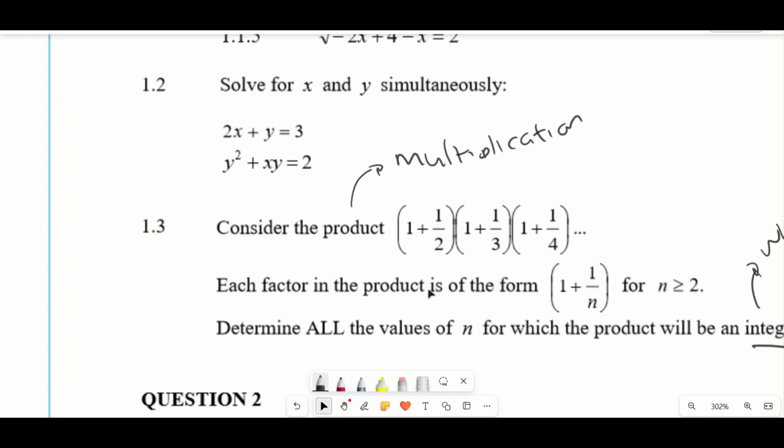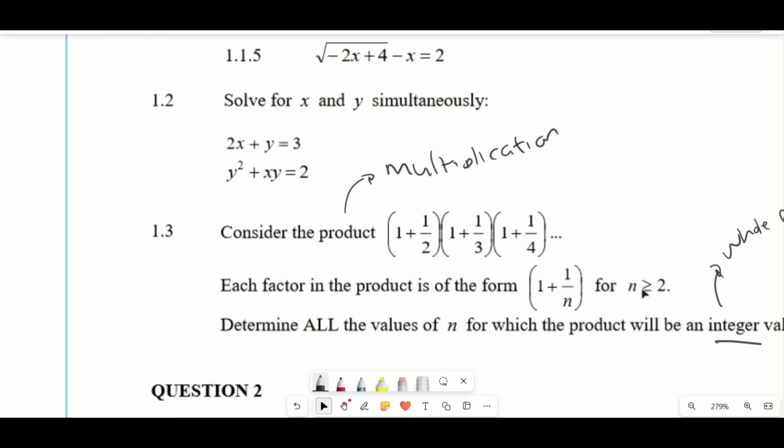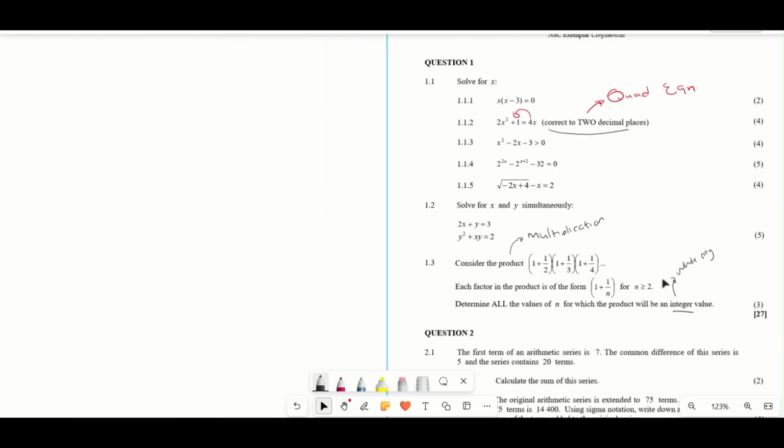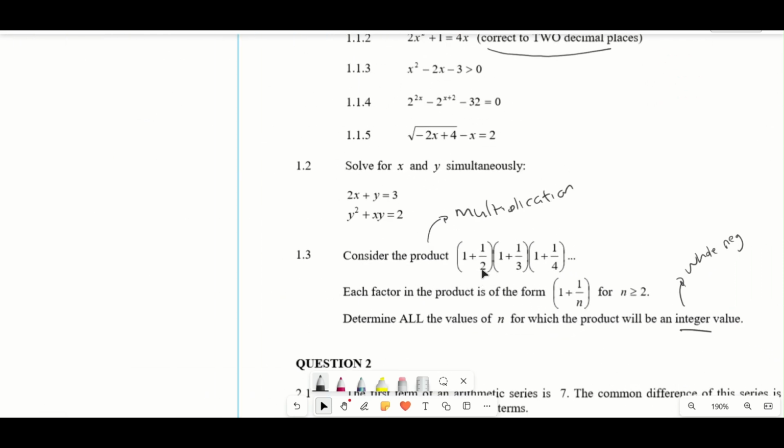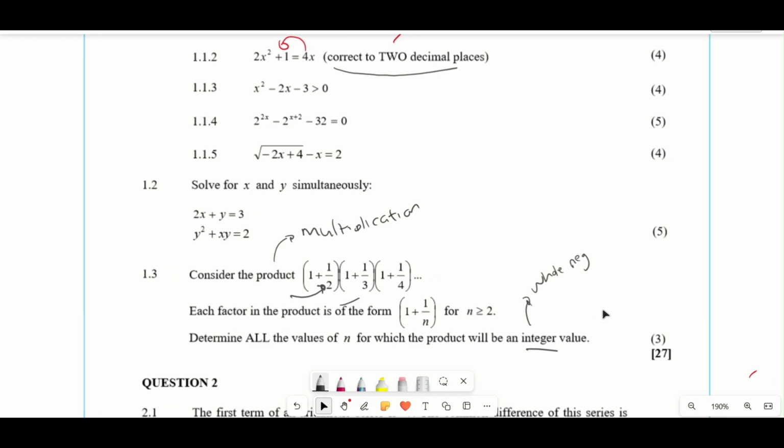So each factor in the product is in the form 1 plus 1 divided by n, where n is greater than or equal to 2. You can see that n starts at 2, and it goes on to be 3, 4, 5, 6, and so on. So determine the values of n for which the product will be an integer value.